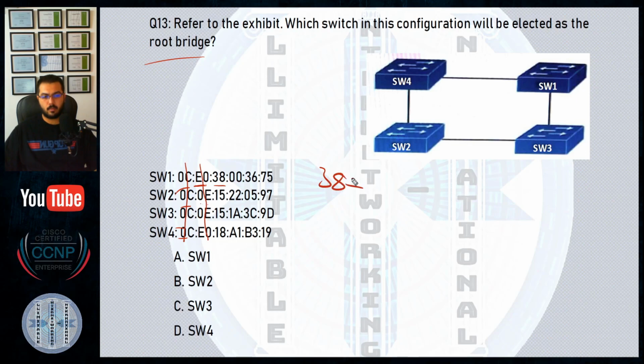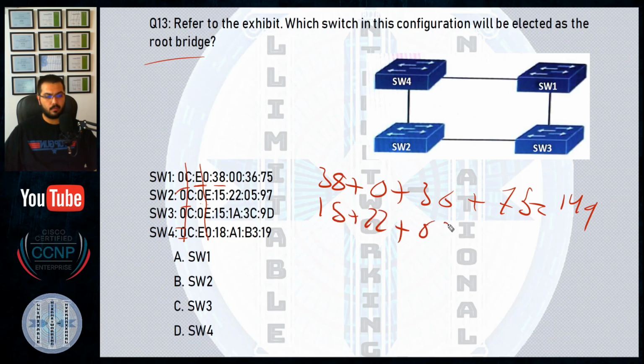38 plus 0 plus 36 plus 75, that will give me 60 and 14, 74 plus 75, that will be 149. Okay, 15, 22 and 05 means 5 and 97.